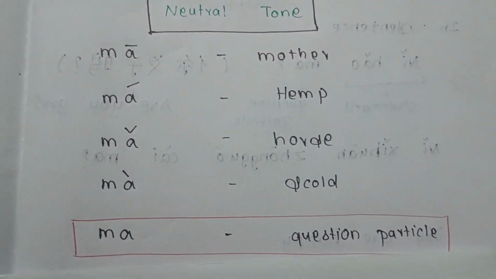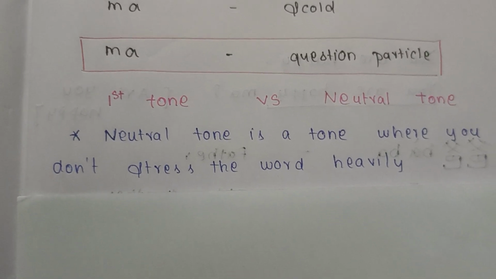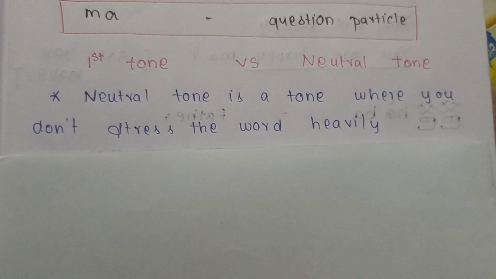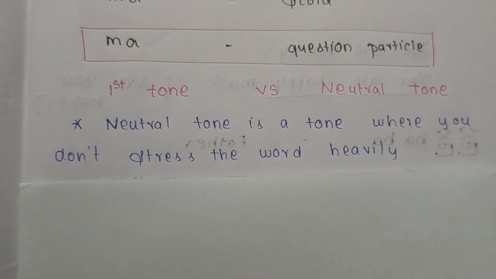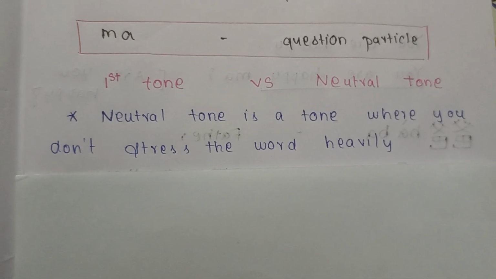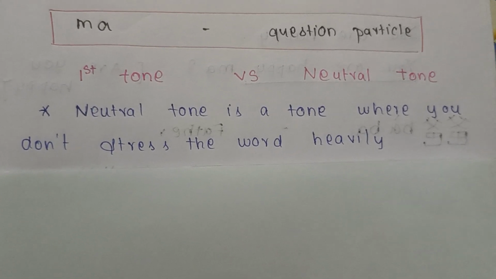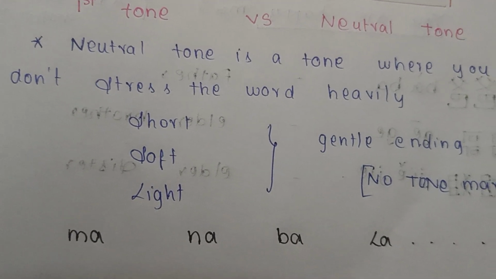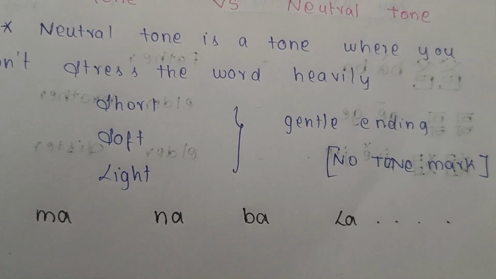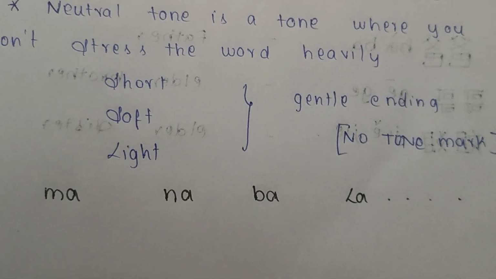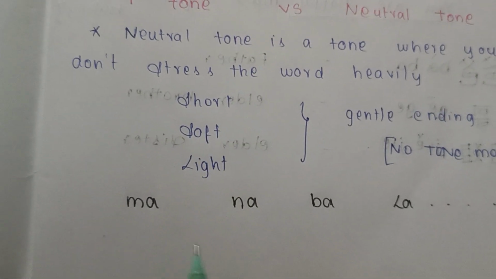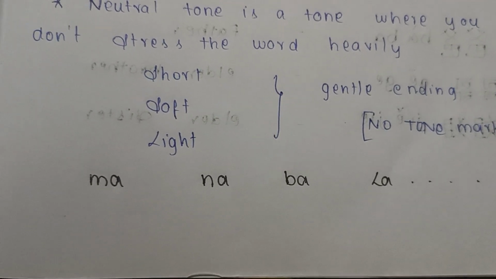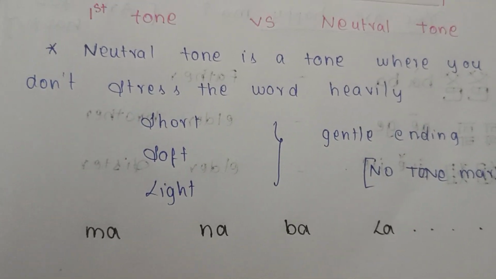Let's clear that up. The neutral tone is a tone you pronounce without any stress. You have to pronounce it very soft, short, and light, like a general ending. And it has no tone marks, like ma, na, ba, la. We will practice pronouncing these later.